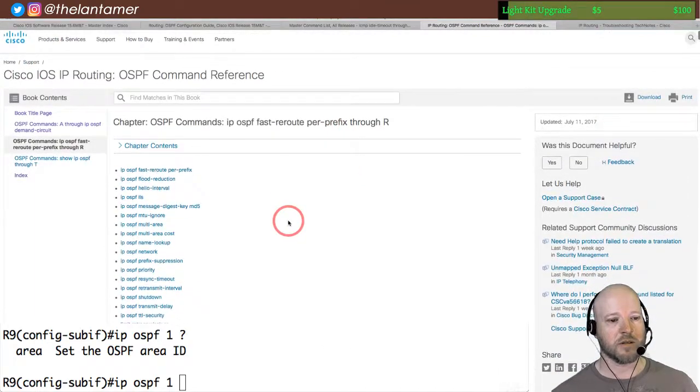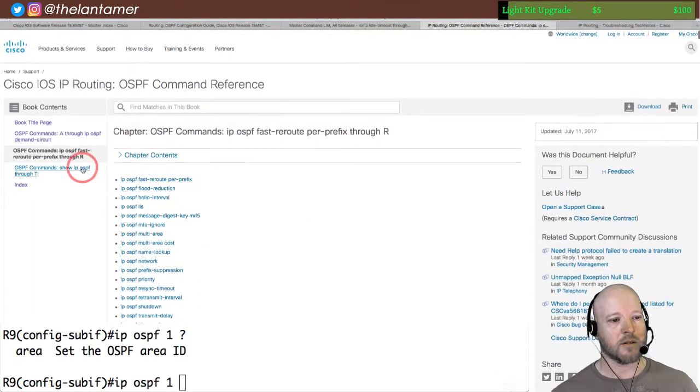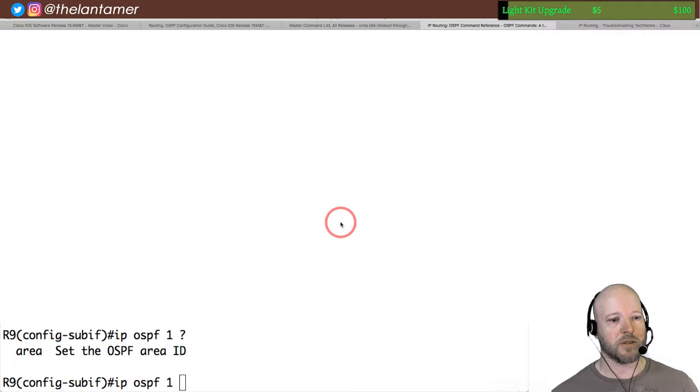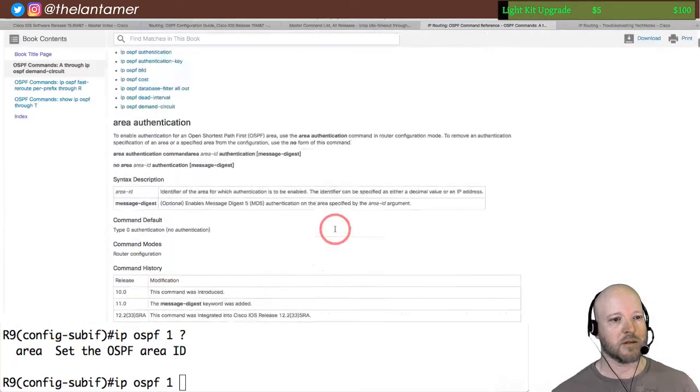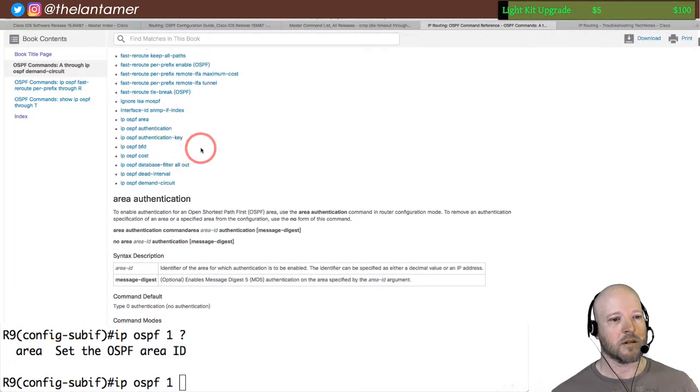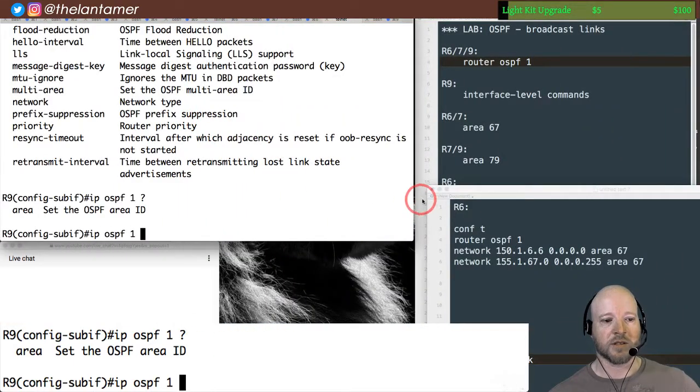I would assume so. Let me go to the previous. IP OSPF. Now, how can we see the usage? Where's the usage documented? That is, yeah, we're entering now the process ID, 1.